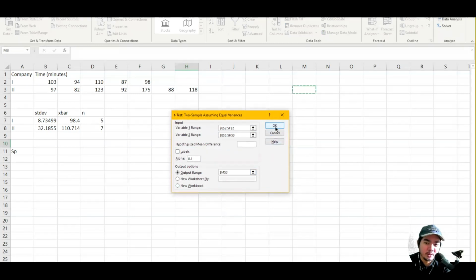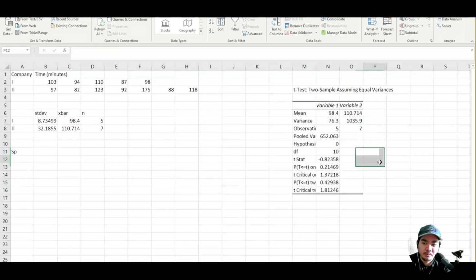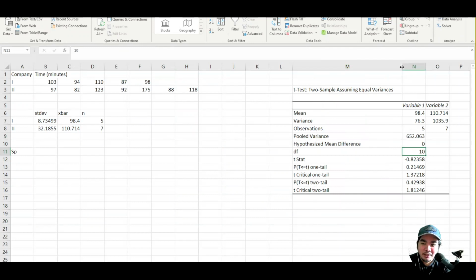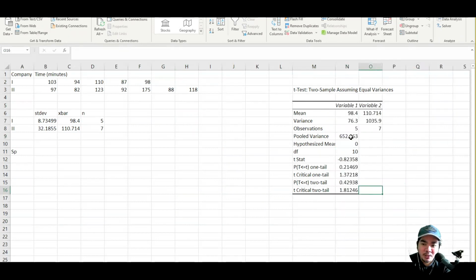Pwedeng dyan lang. And if we press OK, meron siyang pinapakita na ganito. And the good thing about this is, nandito na yung pooled variance. So, we can just copy this value. So, pooled variance is this one. Tapos, actually, nandito na rin pala ang variance. I forgot to add variance.